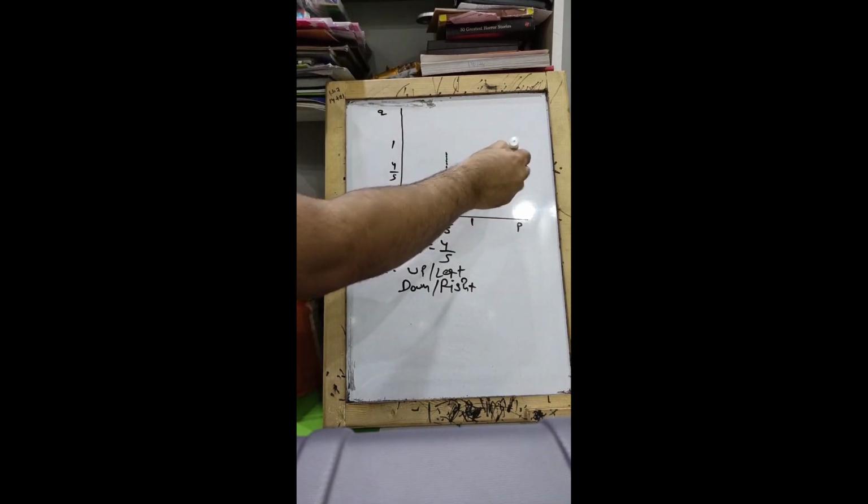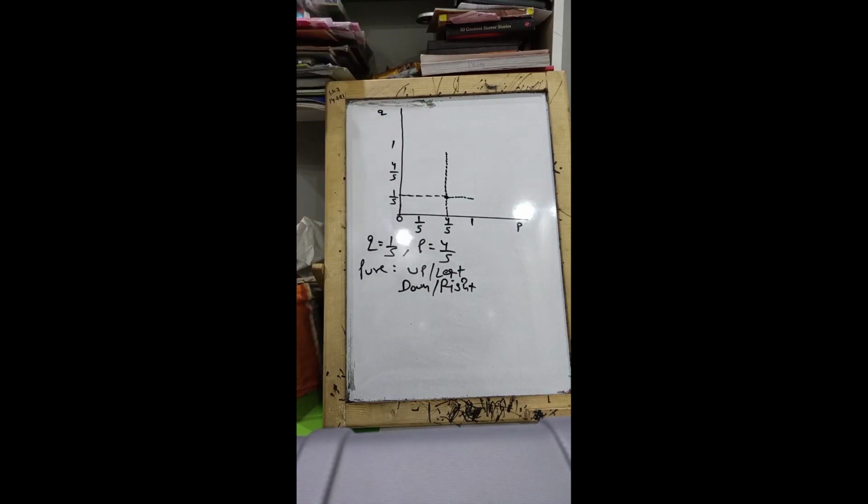So if the probability by player 1 of going up is increasing, the other player's best response should be to increase his probability of going to left, because that was one Nash equilibria.